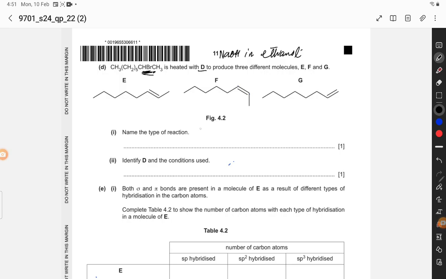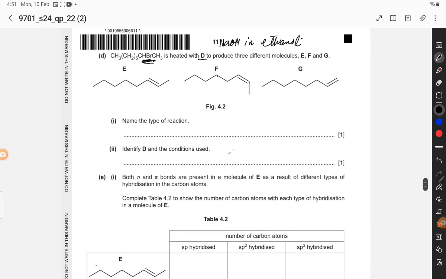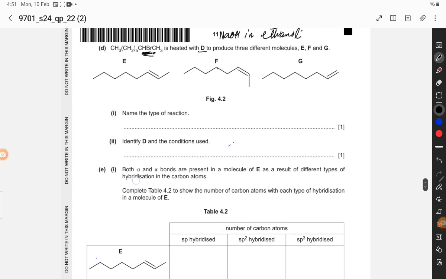So this reaction, name the type of reaction. So this is the isomer of this, this is F and this is G. So this is E, producing three different molecules E, F, G. Name the type of reaction.